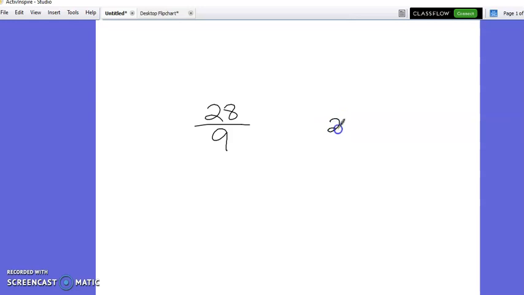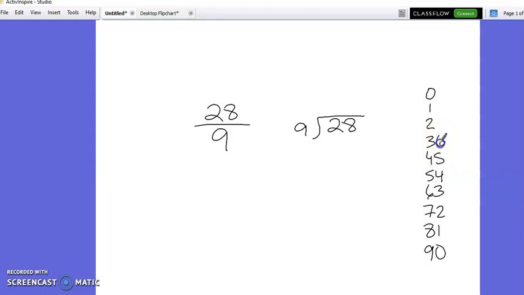Okay? Now again, if you do not know your tables, write them out. Now 9s are easy. 0, 1, 2, 3, 4, 5, 6, 7, 8, 9. If this was my STAR test and I don't know my 9s, guess what I'm going to write? I'm going to write them out.